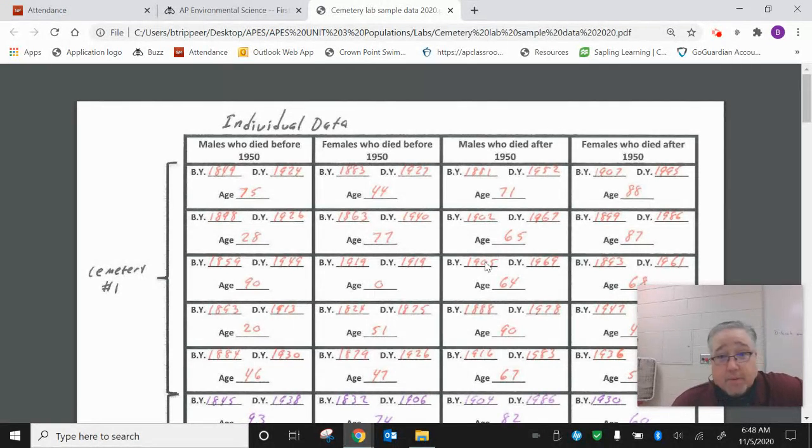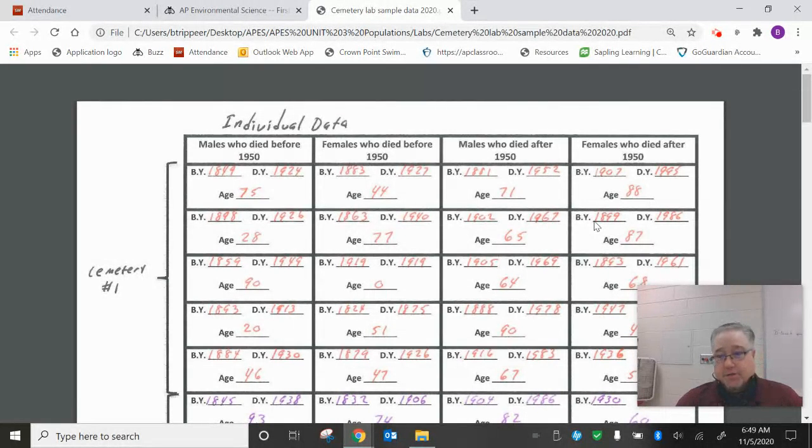So even though we spent a half hour, 45 minutes, maybe an hour doing this research, we really only collected a very small sample of human beings in this country who died before 1950 or after 1950. I mean, 15 from each is not really that many individuals. So the accuracy of our data probably isn't going to be all that great, but hopefully it will be okay.